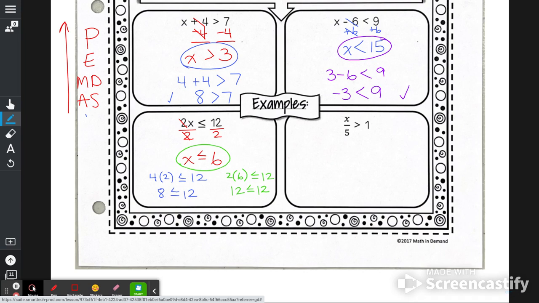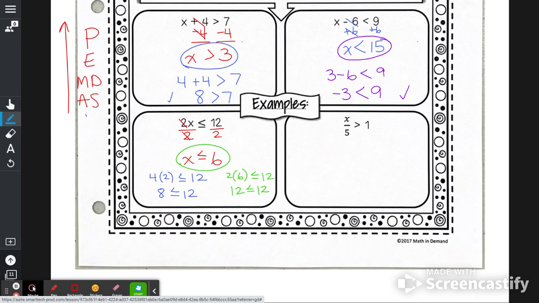Looking at the next one, we have x over 5 is greater than 1. Am I doing any addition or subtraction? No. Am I doing any multiplication or division? Yes. What is happening? Okay, division, so we need to multiply.